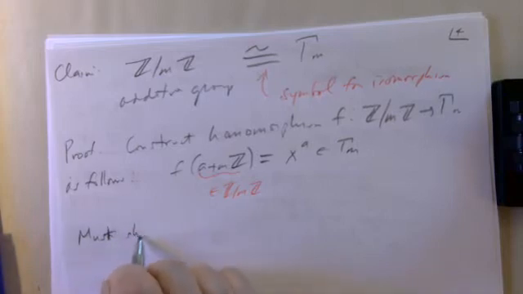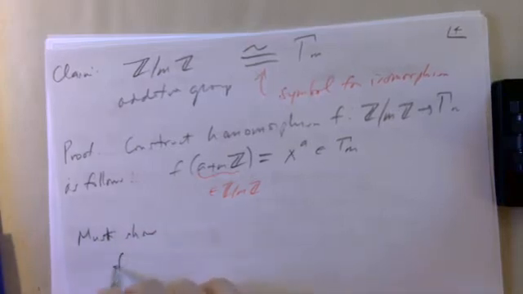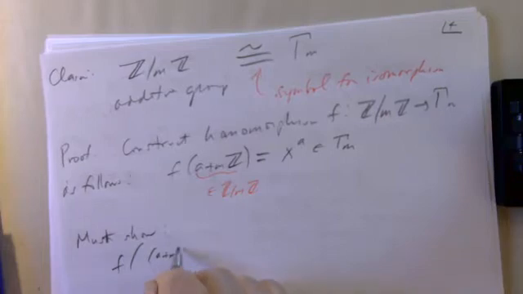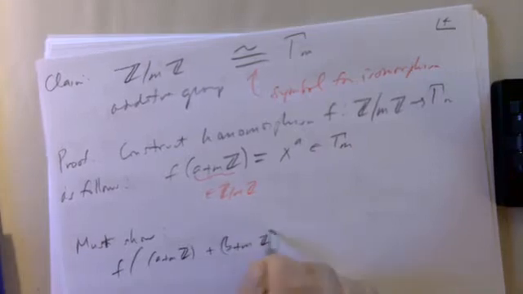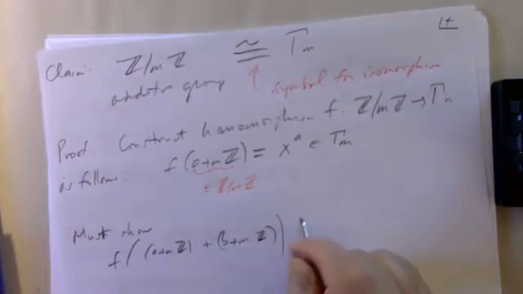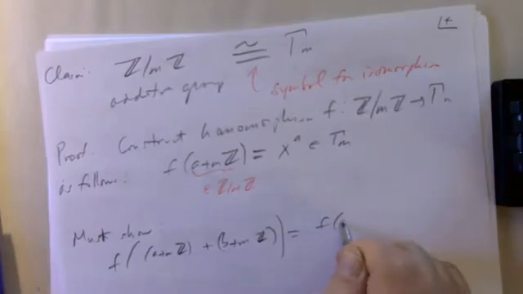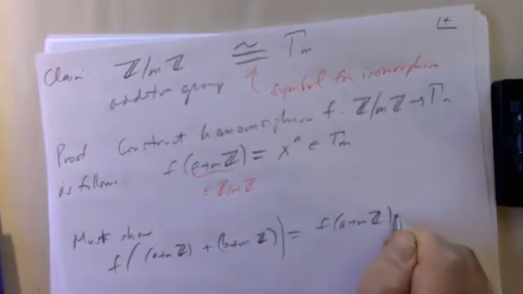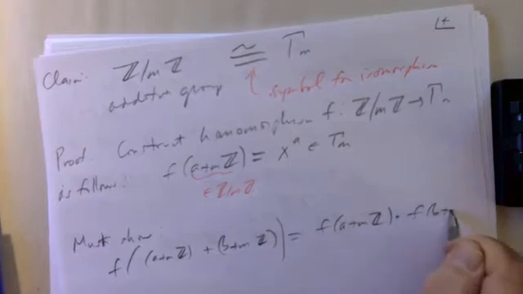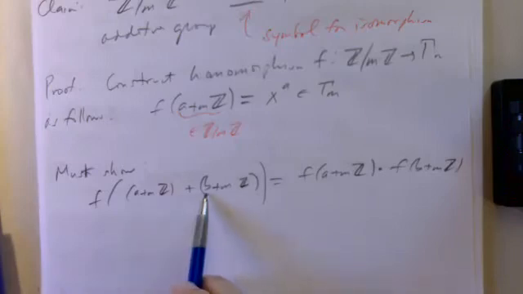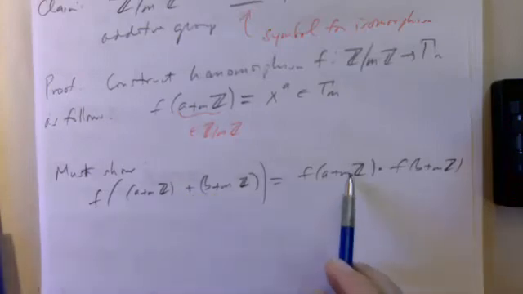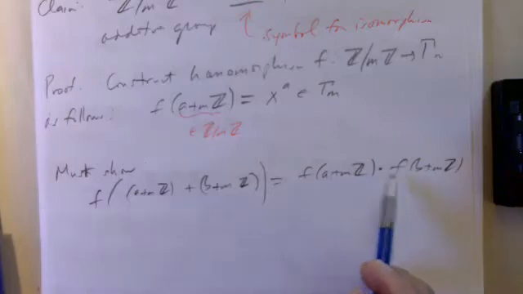In order for this to be a homomorphism, I have to show that f of the sum of two congruence classes, a plus mZ plus b plus mZ, is the product of their images, f of a plus mZ times f of b plus mZ. This is in the additive group, so there's a plus sign. This is the binary operation in the multiplicative group, so there's a times sign.